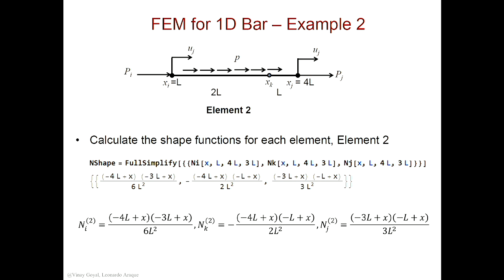Again, I plug in the coordinates for xi, xj, and xk. You have to plug this in correctly. If you plug this incorrectly, everything is wrong. So you have to have the coordinates of the nodes in the element correct. You do that, it gives you the shape functions.